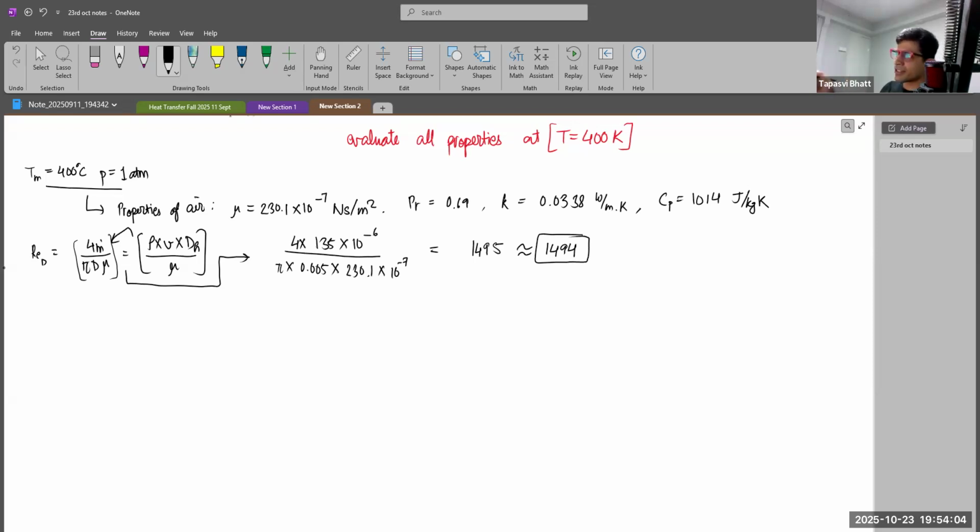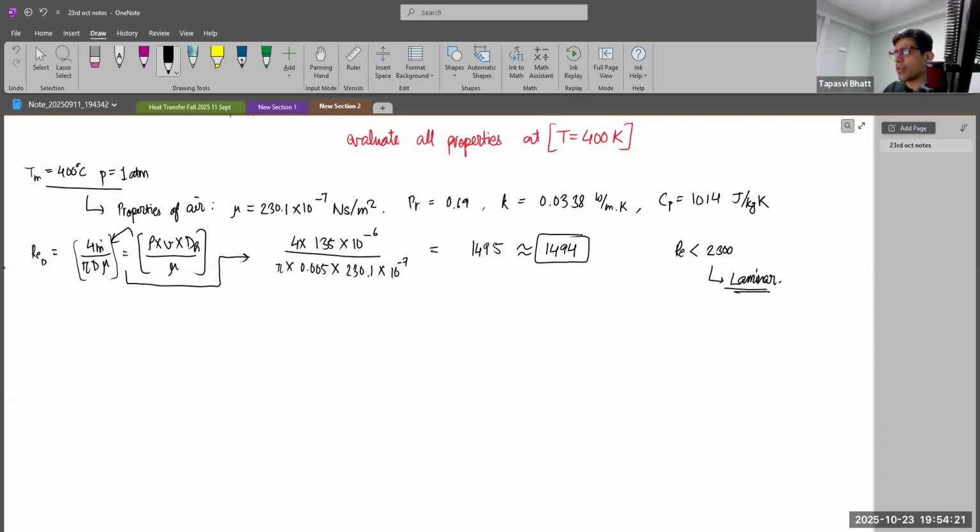Now, is this laminar or is this turbulent? I forgot to mention, inside the internal flow, especially inside the pipe flow, if Re is less than 2300, it is laminar. So our laminar equations will be valid.